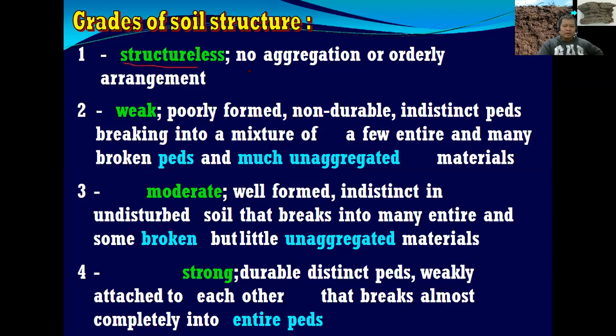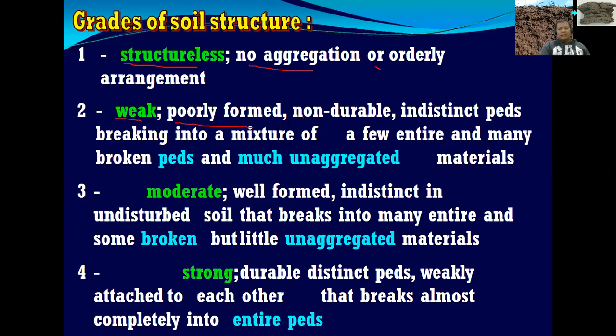Of course, structureless soils have no aggregation or no orderly arrangement of the aggregates. Example, single grain, individual grain, sand. Weak soil structure, based on durability, has poor form.